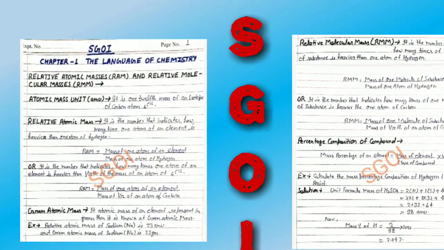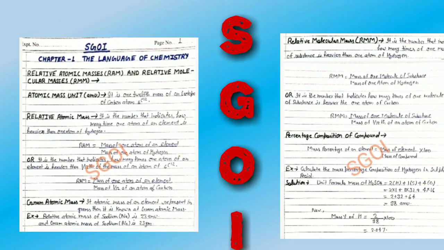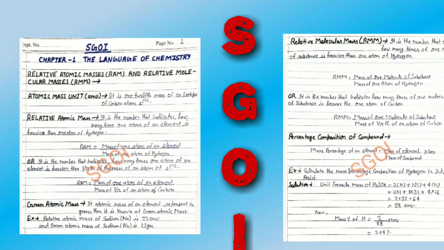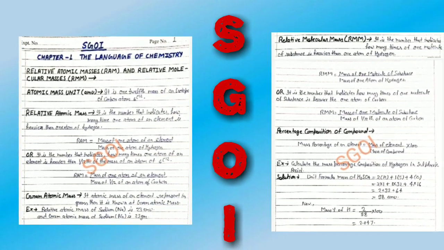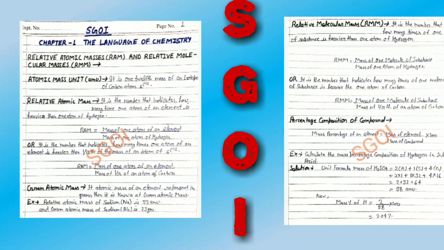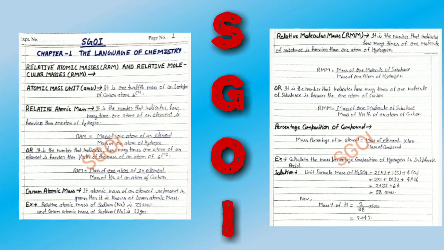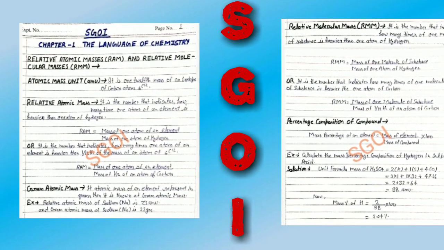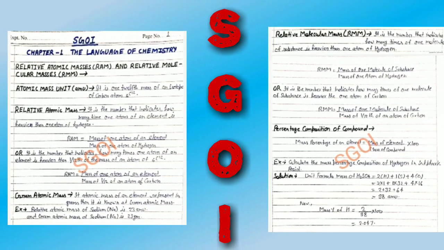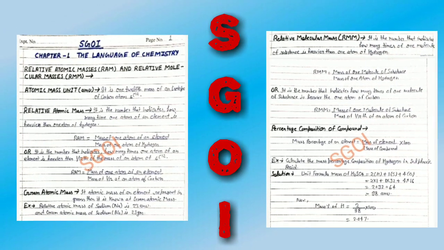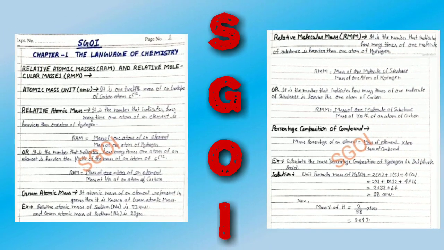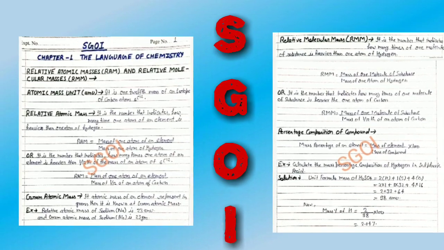Or in terms of carbon, it is the number that indicates how many times one molecule of a substance is heavier than 1/12th of one atom of carbon. Okay. Now, today's last topic is percentage composition of a compound.